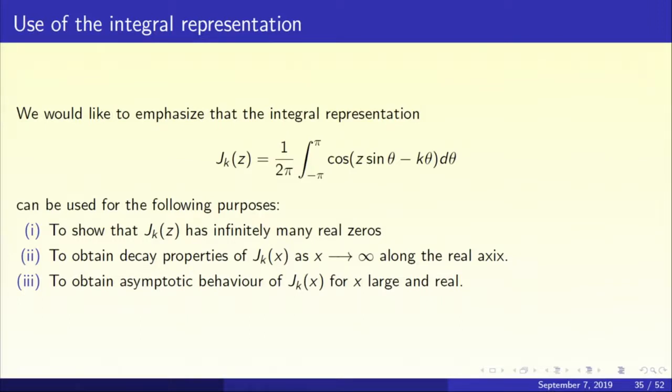The Bessel functions decay to 0 as x goes to infinity. To prove that, you use these integral representations. We also use this integral representation to obtain the asymptotic behavior of Jk(x) for x large and real. So these are 3 uses for the integral representation that we have just derived.